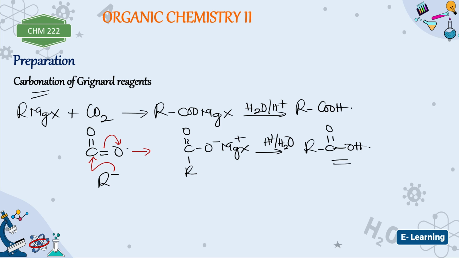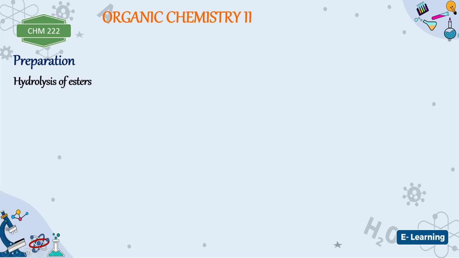Now the next one is from the hydrolysis of ester. But this mechanism is quite different from the other hydrolysis we've looked at before now. Now, what is an ester? This is an example of an ester, and then you have O, C2H5, plus sodium hydroxide.